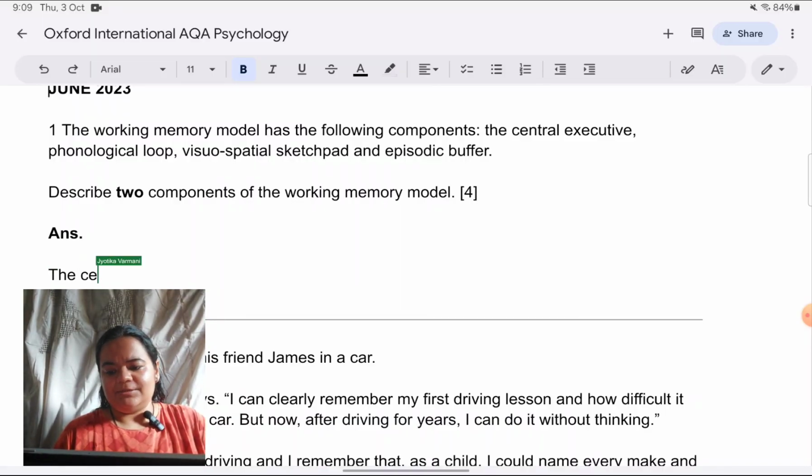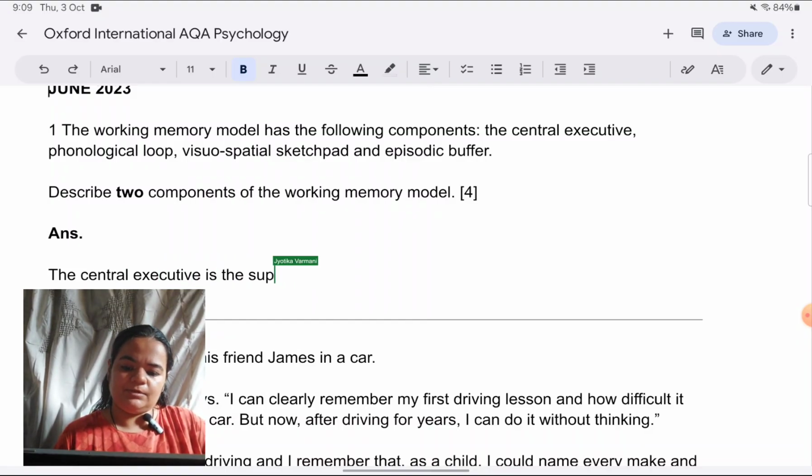The central executive is the supervisory component of the working memory model.